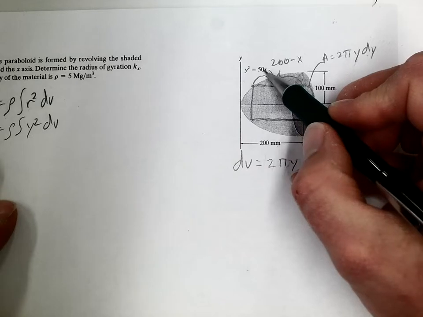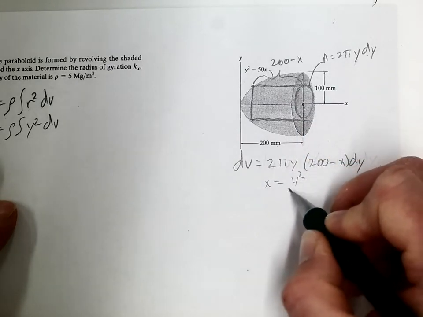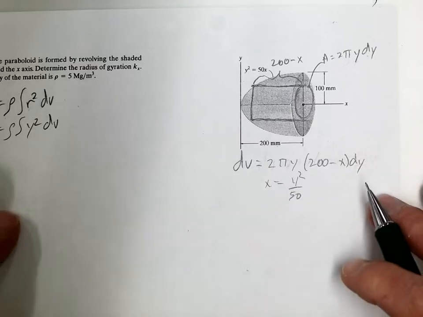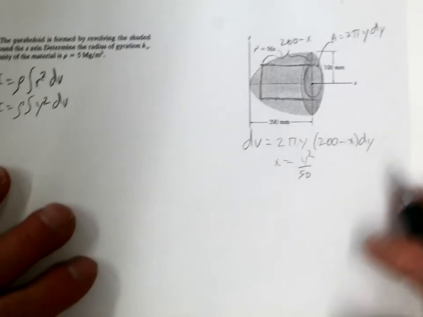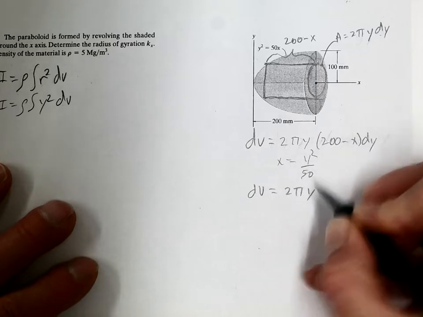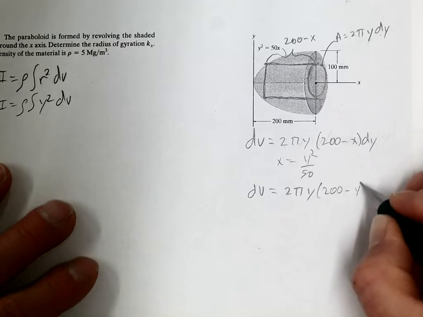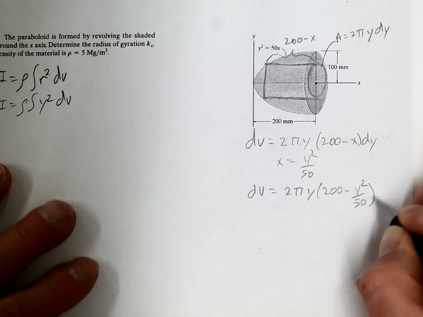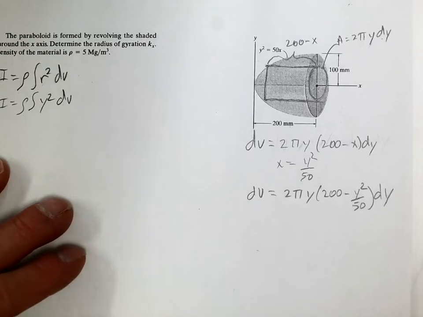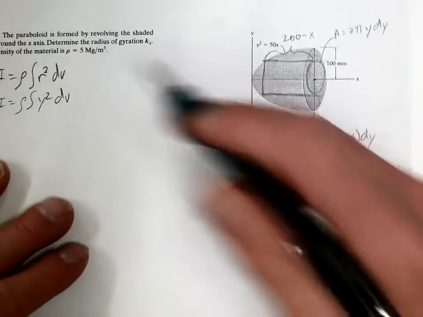So taking this equation here, we'll write x equals y squared over 50. So dV then is equal to 2 pi y, 200 minus y squared over 50 dy. Let's put that in over here.